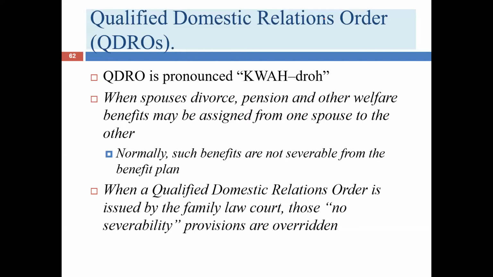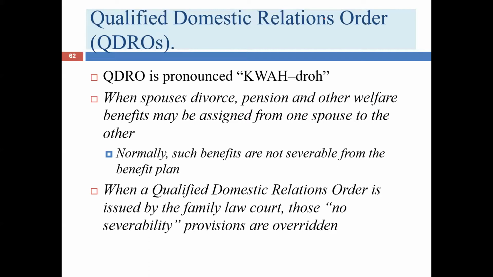It could be a pension plan, it could be a 401k, it could be a defined benefit program, and under those circumstances, that may be a big asset in the marriage, and so it makes sense to use that as one of the things that can be divided.